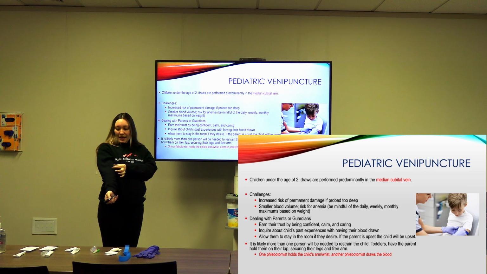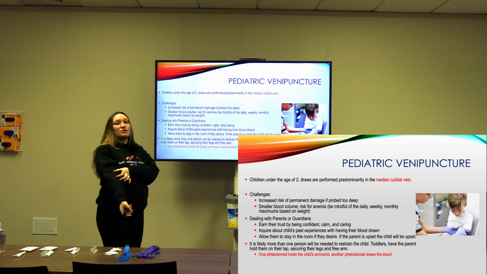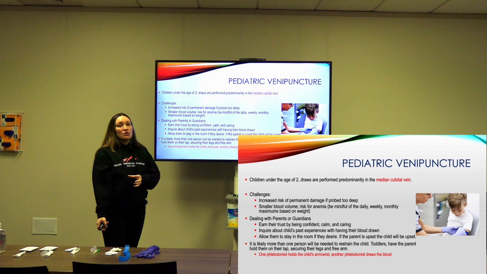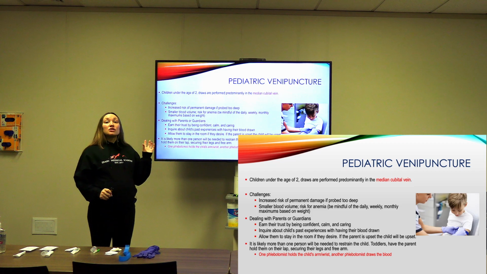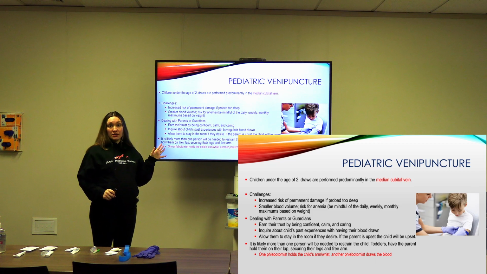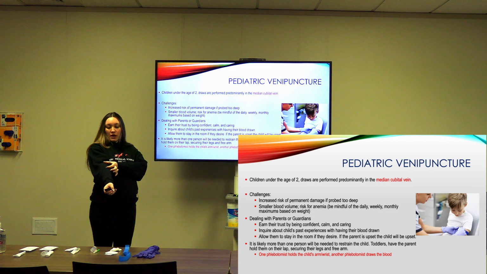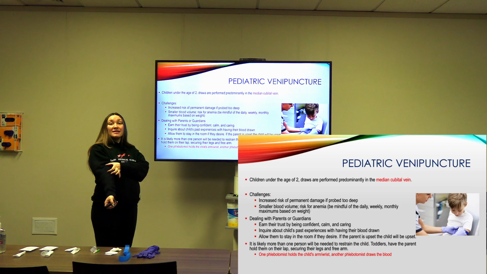A lot of times little kids, babies, toddlers, infants, will have a nice median vein right in the center that you can poke. Now, the general rule of thumb with these smaller humans, little kids, is that if you see a nice juicy median vein, you're not going to poke where you can see it.